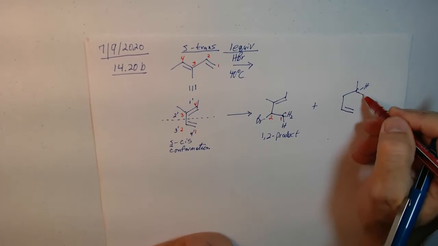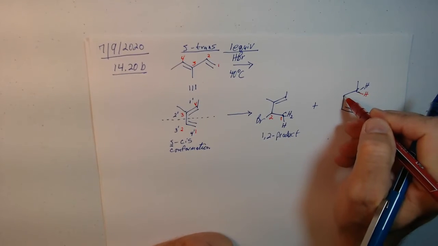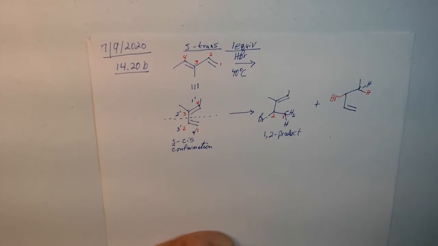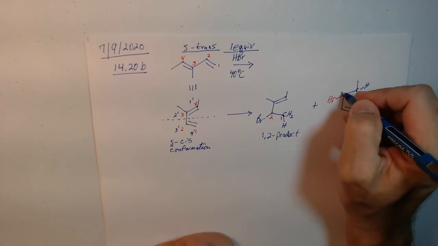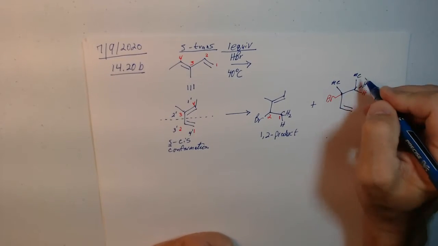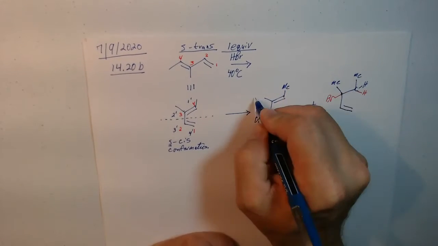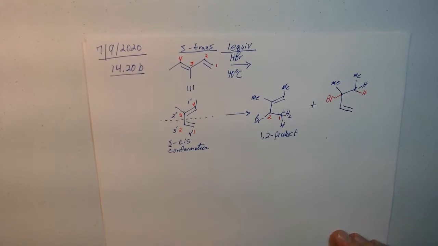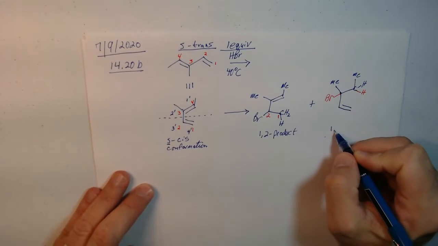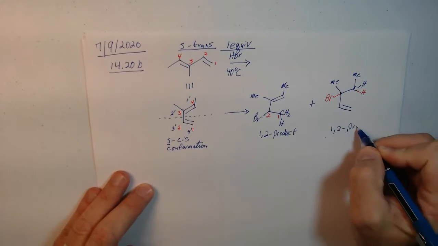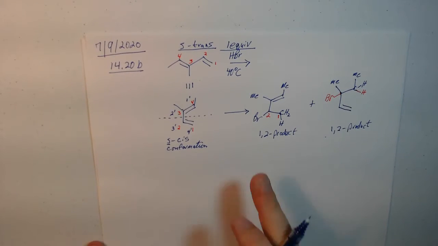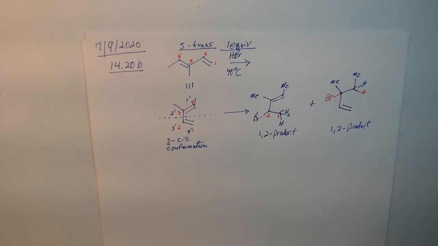We're going to add a hydrogen, and then we're going to add Br, and then there was already a methyl group here also. Okay, now this is also a 1-2 product. All right, so that means there are two different 1-2 products.